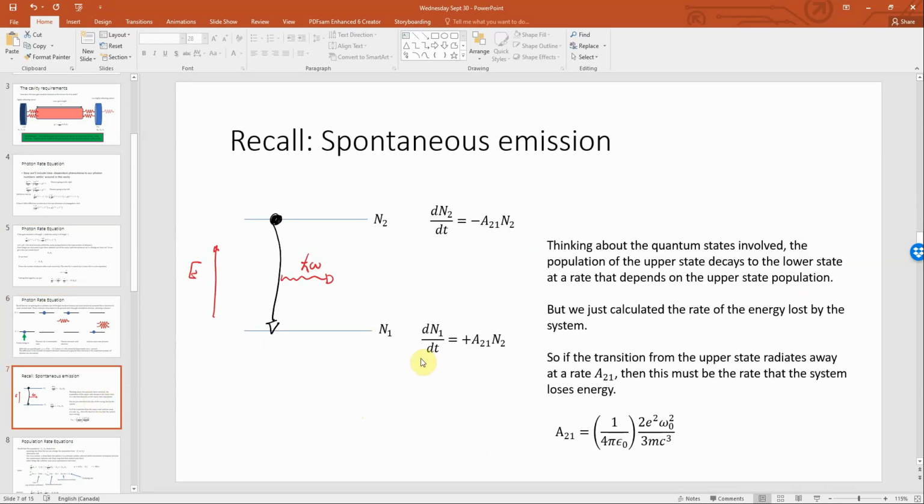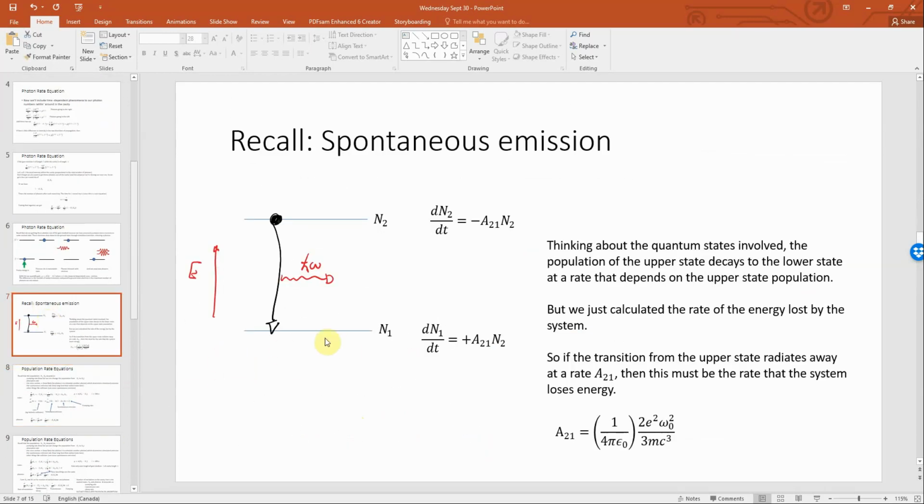Recall from last week, we were talking about spontaneous emission, and we saw that the spontaneous emission rate is related to the number of electrons or atoms in this excited state, N2. So the rate of change of that is proportional to the number of atoms in the excited state, and so dN2/dt is equal to negative A N2.